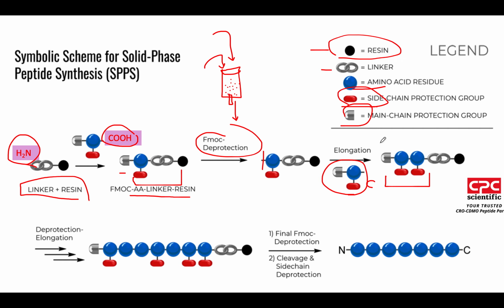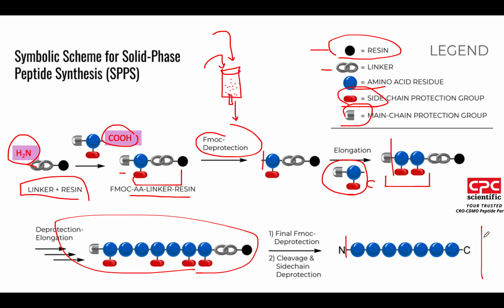So you can continue the steps. Next, you deprotect again, which exposes the amino group, and then you can add your next amino acid to form a tripeptide, and you can just continue doing that until you get your desired peptide. After you obtain your desired sequence, you can remove the protecting group, which is usually an Fmoc, and you can also remove the side chain protection groups.